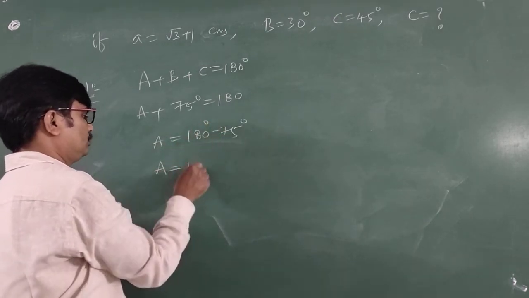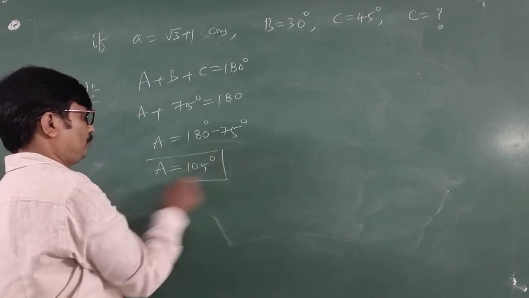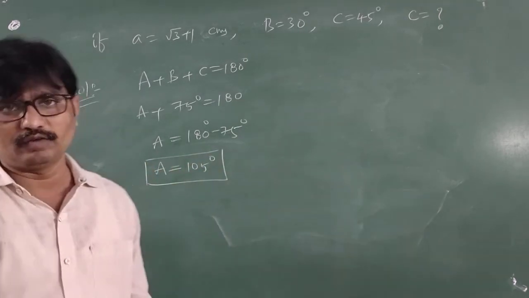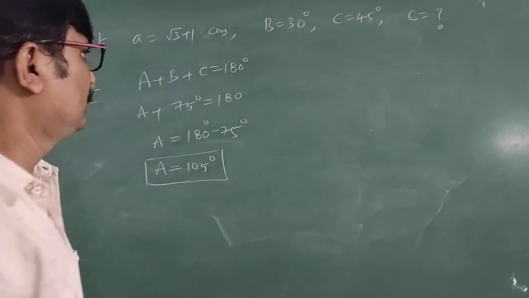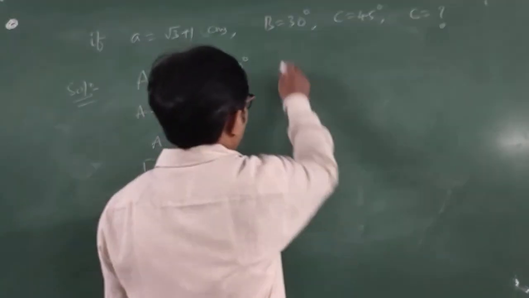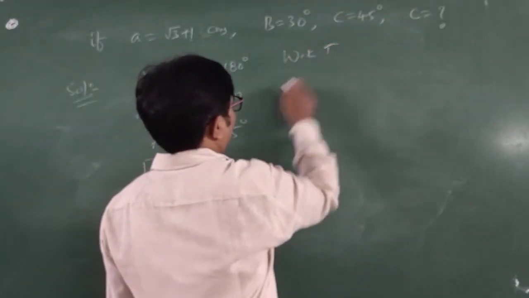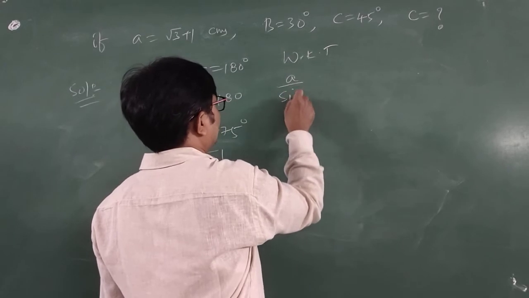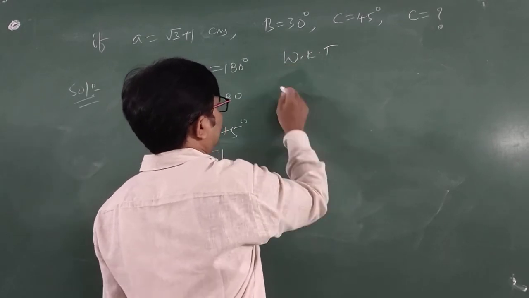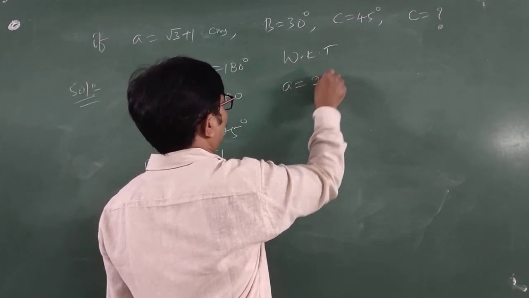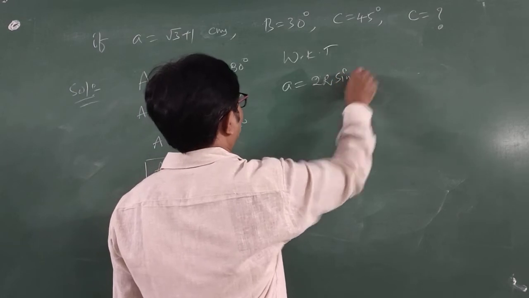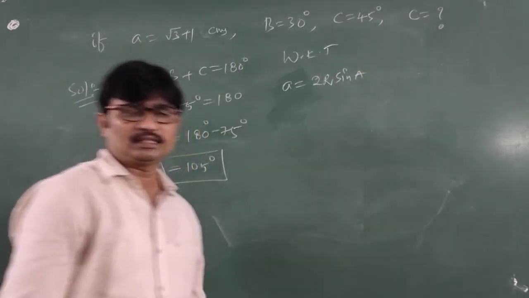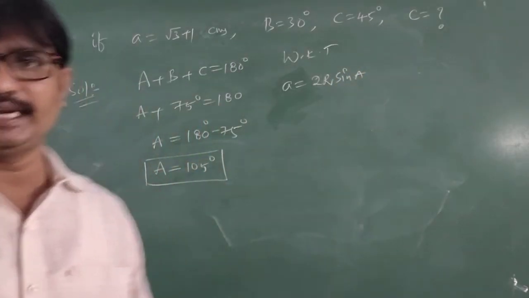A is 105 degrees. Now students, we know that from the sine rule, a by sin A equals 2R, so small a is 2R sin A.